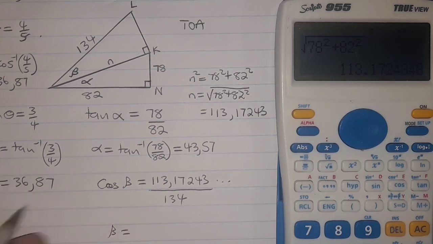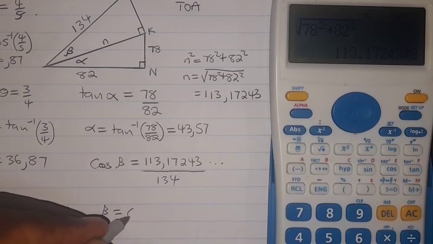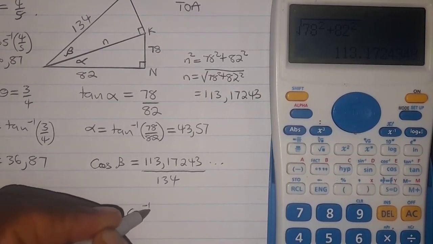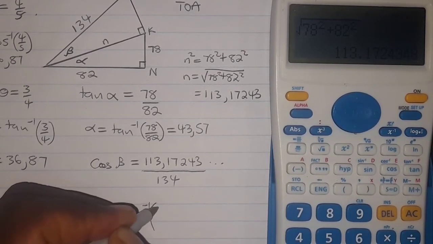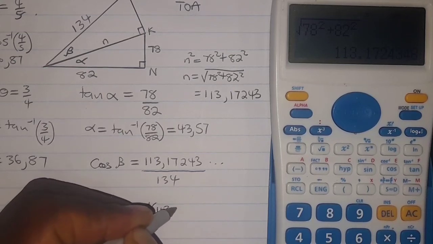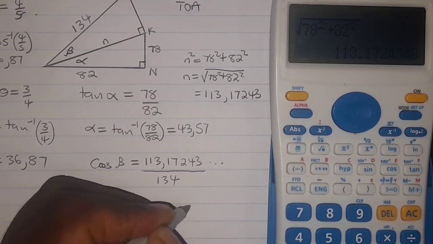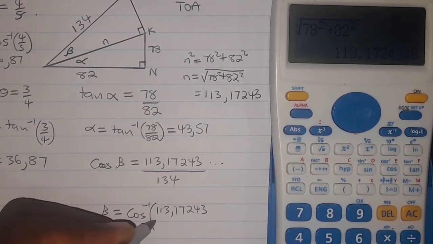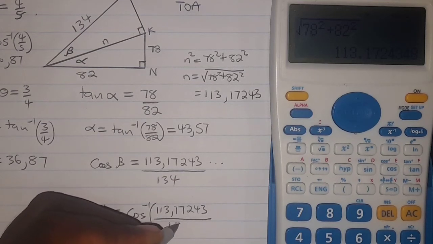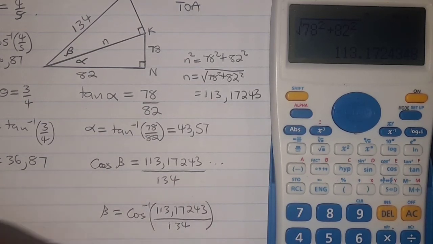So our beta then is equal to the second function of 113.17243 all over 134.